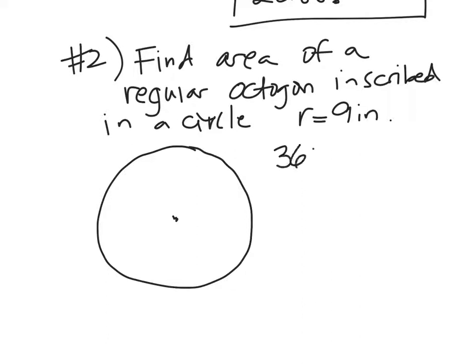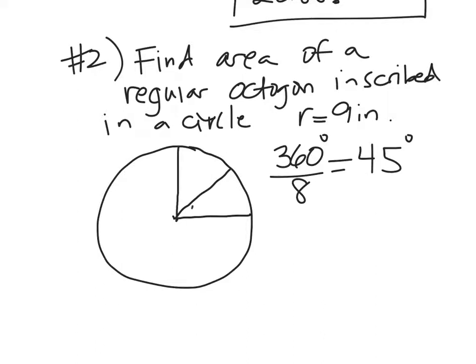If you take 360 degrees and divide that by 8, then the central angle of each triangle in this octagon is going to be 45 degrees. Okay? So here's what I'm going to draw. I know where 45 degrees goes, it goes to there, and then I can draw this.